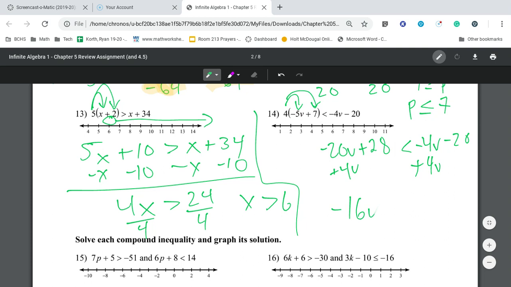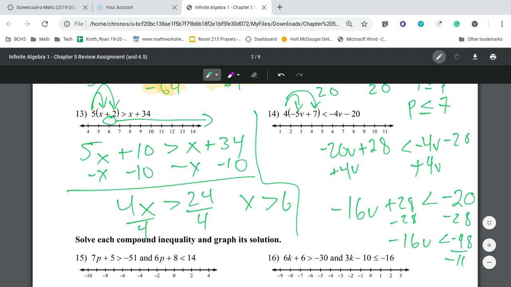Negative 16v plus 28 less than negative 20. Subtract 28 on both sides. Gives us negative 16v less than negative 48.